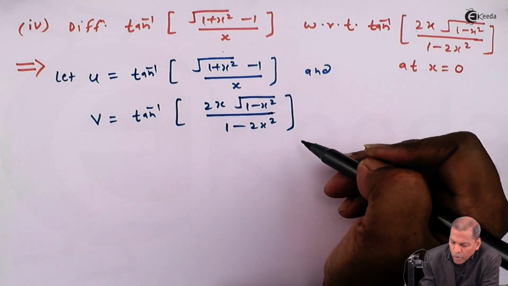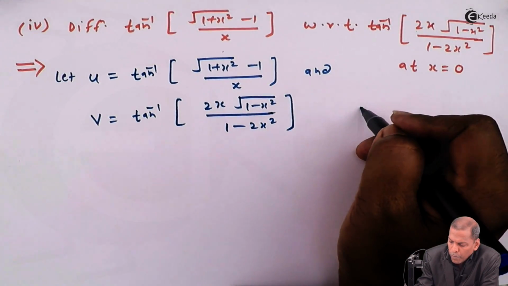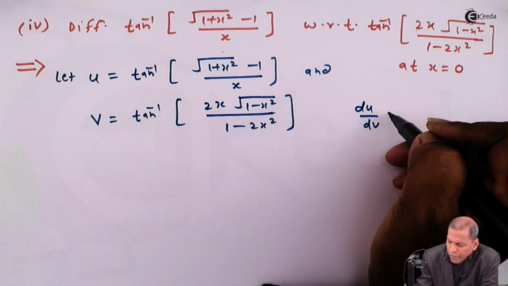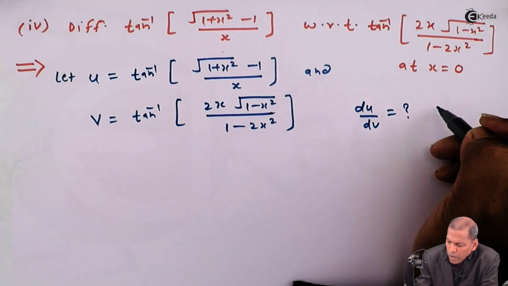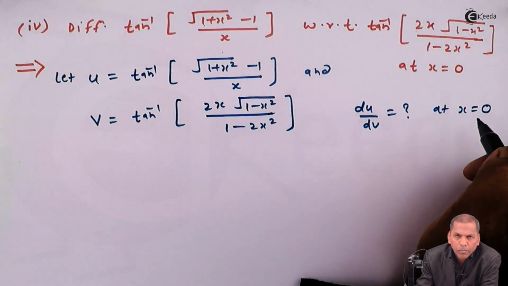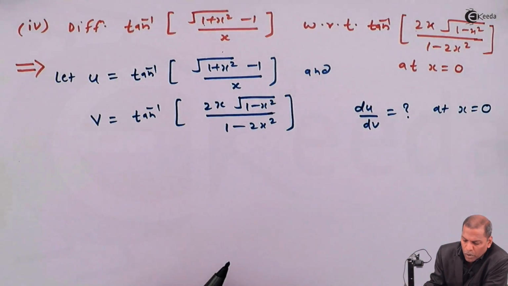So in this case we have to find du upon dv at x is equal to 0. So that is our question.